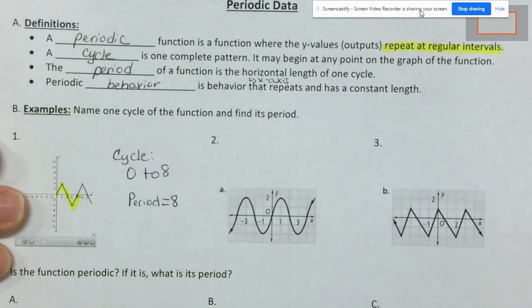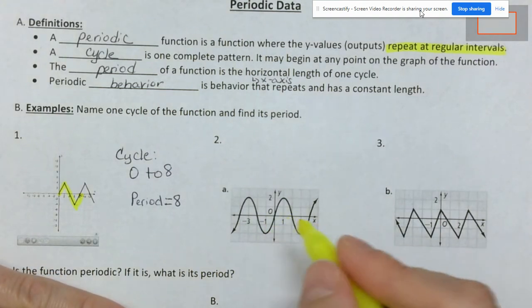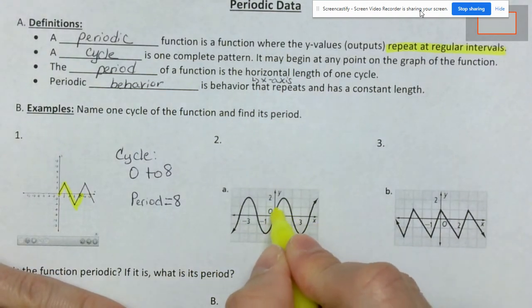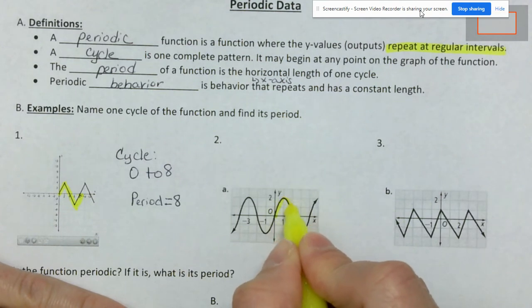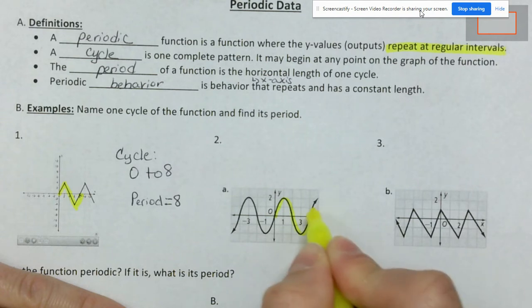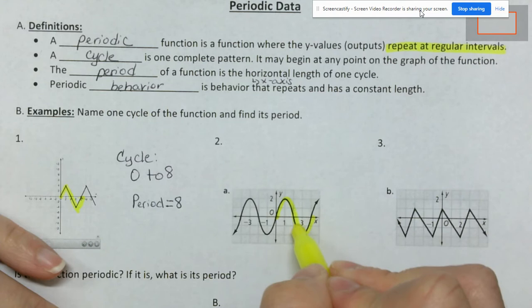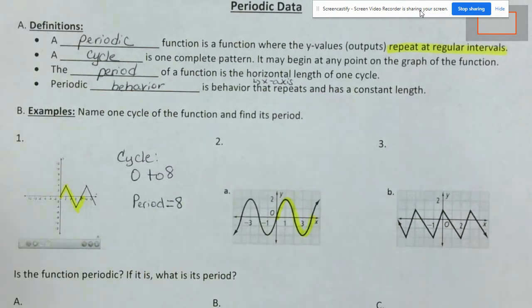Okay, for number 2, if we name the cycle and find its period, then if we start here, I usually always try to start at the origin. You don't have to do that, but that's usually where I try to start. So if I go to my origin, it goes up, and then it goes down, and then it goes back up, and I'm back at the origin again to start this same process again. So this is my cycle right here. That's the cycle of this graph.